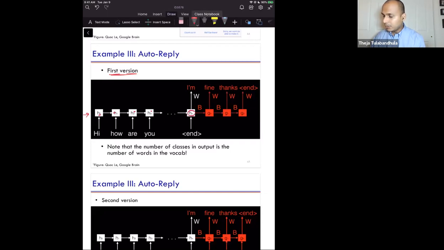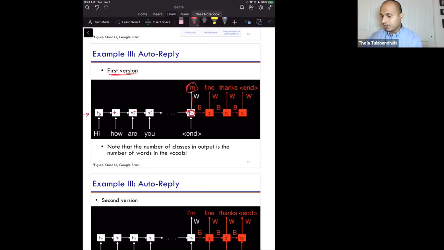And at some point, you have the end token where the message finishes. You have the final RNN hidden output, and then you can use that as an input to produce the word that you're looking for as the translation or the reply.